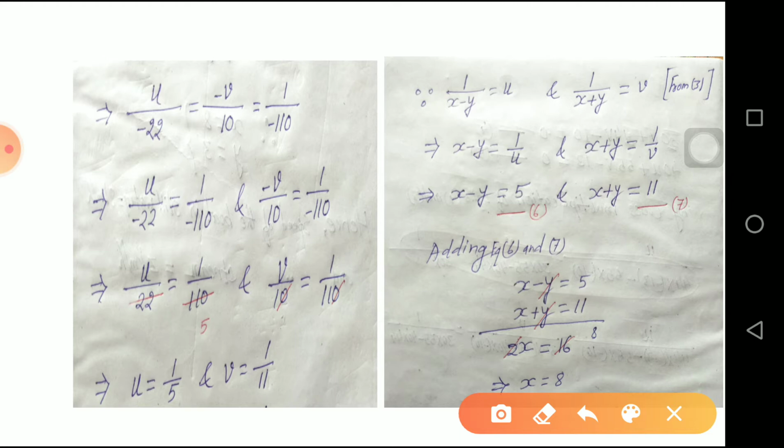After addition and subtraction, we will have u by minus 22 equal to minus v by 10 equal to 1 by minus 110.